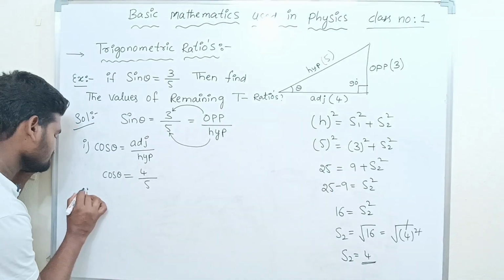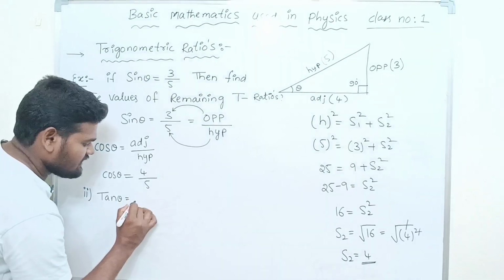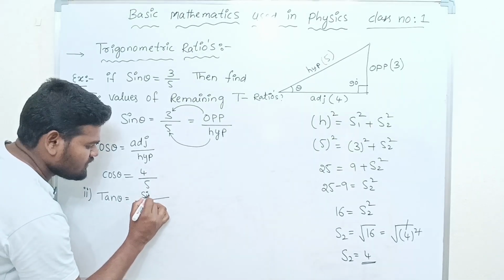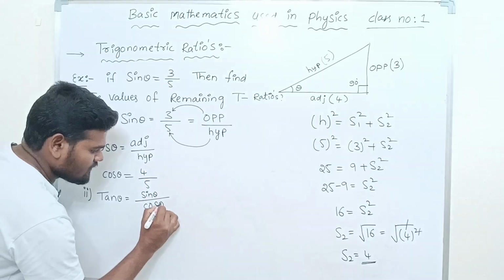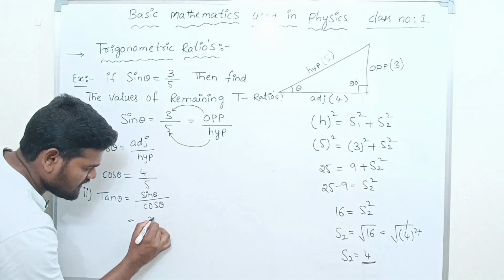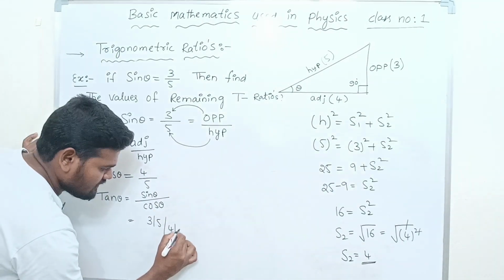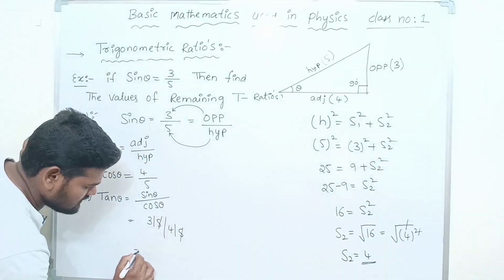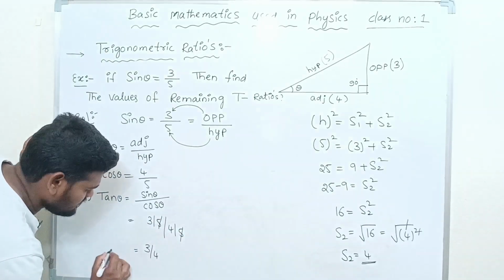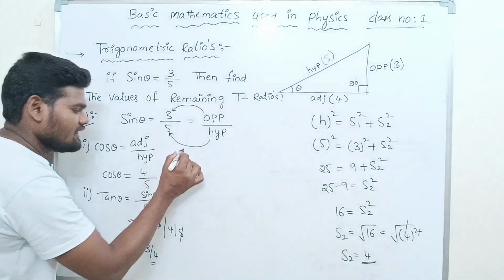Second one, tan theta. Tan theta is the ratio of sin theta to cos theta. The value of sin theta is 3 by 5 and the value of cos theta is 4 by 5. 5 gets cancelled out. We get 3 by 4 for tan theta. Are you getting it? Right.